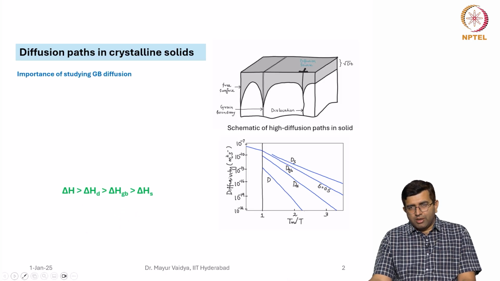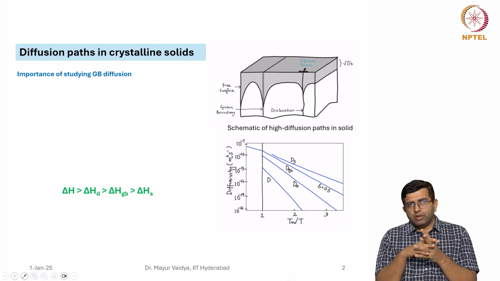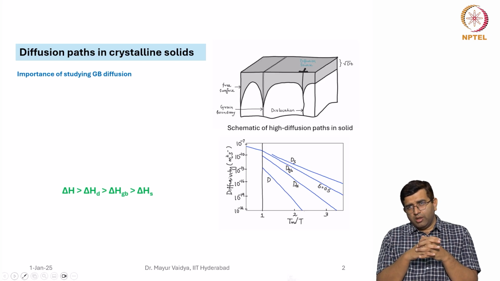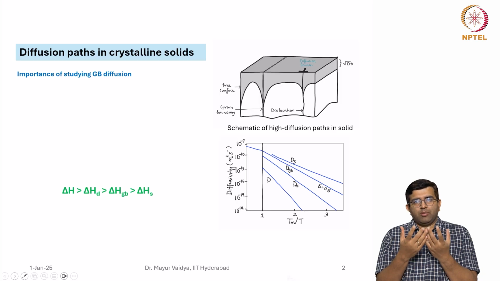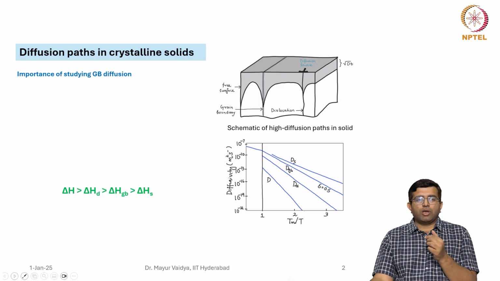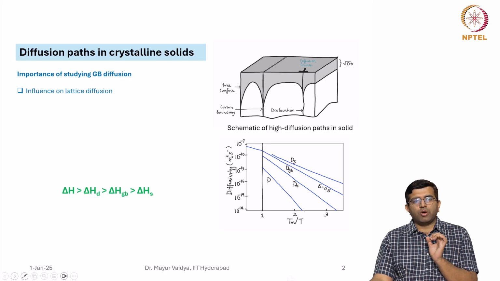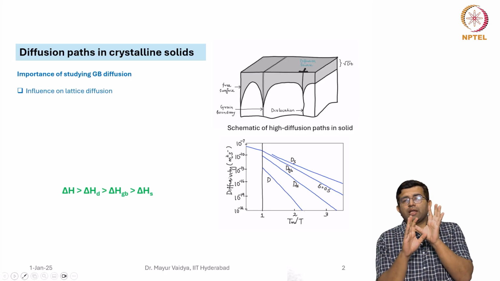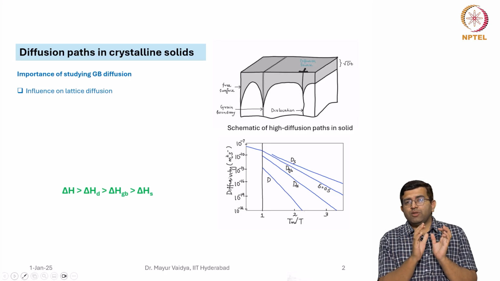Now, why should we study the grain boundary diffusion at all? Very simple answer is that grain boundary exists. Grain boundary diffusion is studied for 2 or 3 important reasons. First is how much influence it has on the lattice diffusion itself.